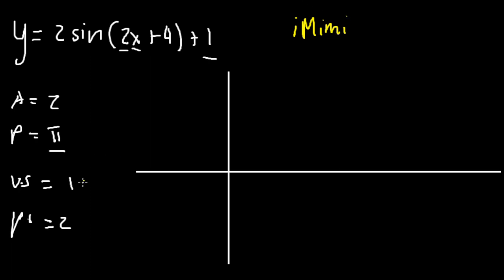Now, let us look at our vertical shift. Ang vertical shift natin dito is 1. And sabi nga natin kanina, ang vertical shift will influence the midline. Now, since it's positive 1 unit, we will need to go up 1 unit.